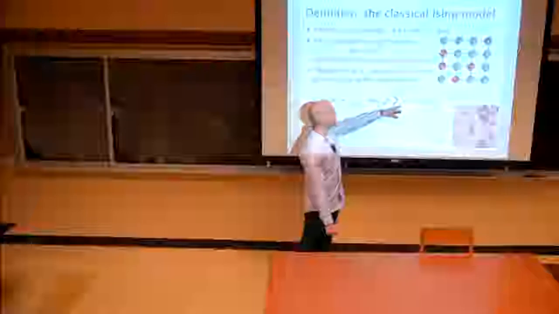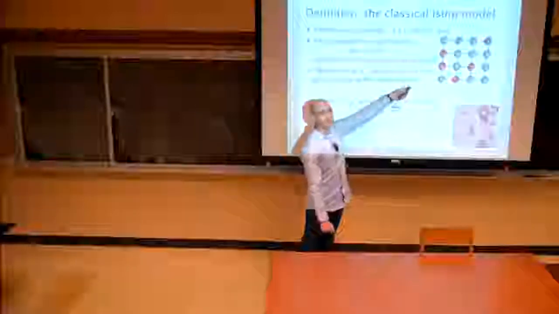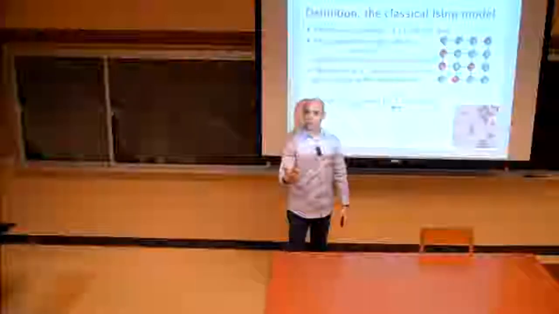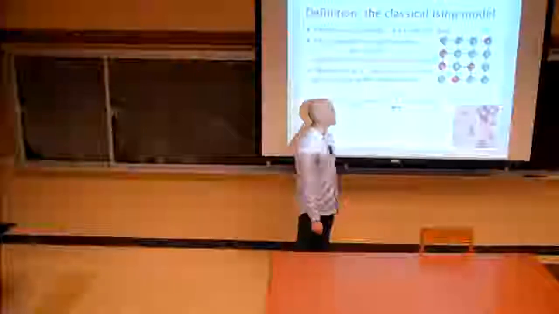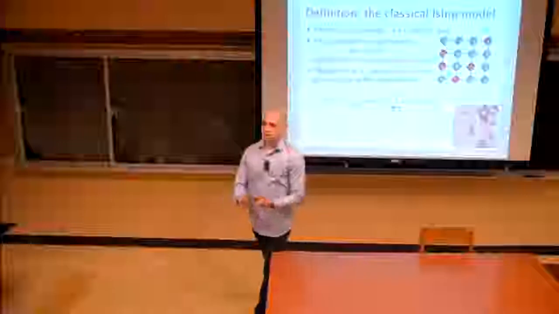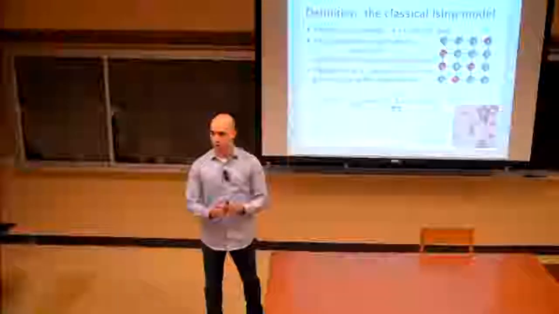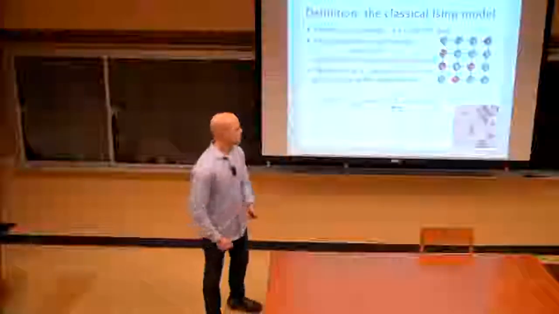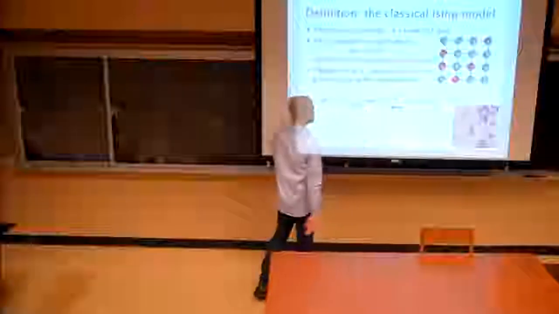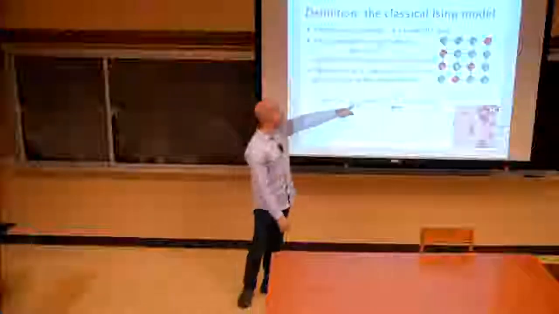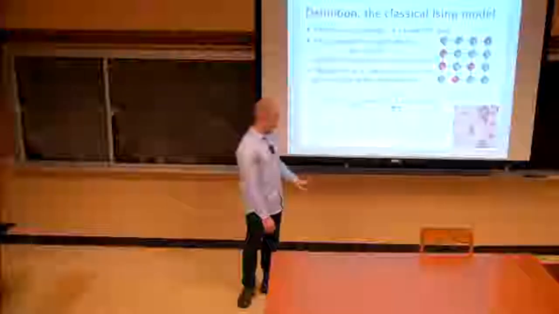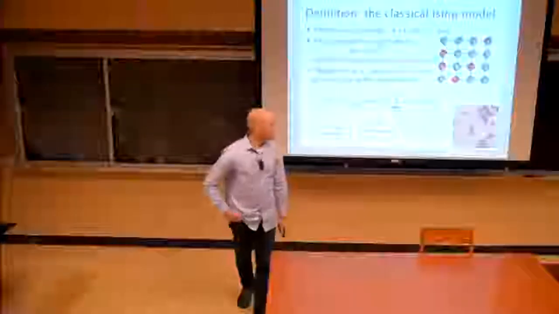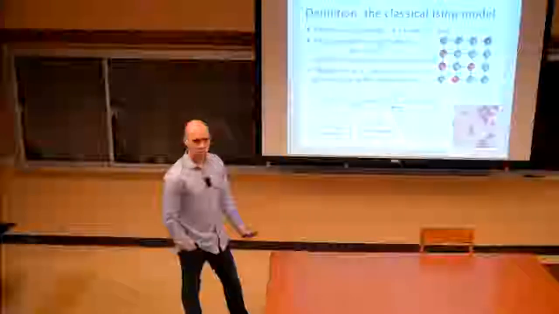This is the number of agreeing edges minus the number of disagreeing edges, and you multiply it by a scaling parameter beta that's going to play the role of the temperature in the system. And now you exponentiate, and you normalize it to make it into a probability distribution. This is it. Okay, so the Ising model.